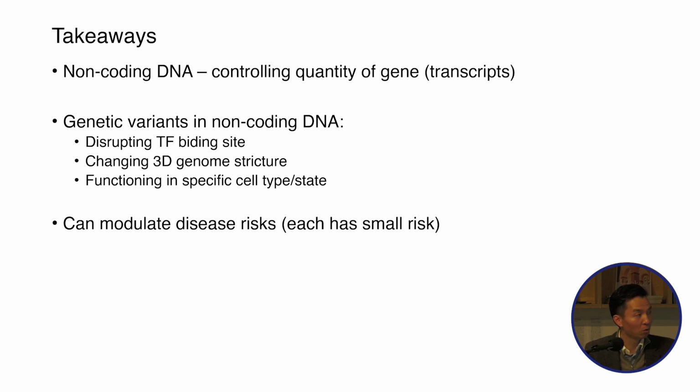And here I introduced three ways that non-coding DNA alters quantity of transcription, which are all modulating disease risks. And the endeavor to explore the non-coding DNA has just begun, and we would continue to work on it.